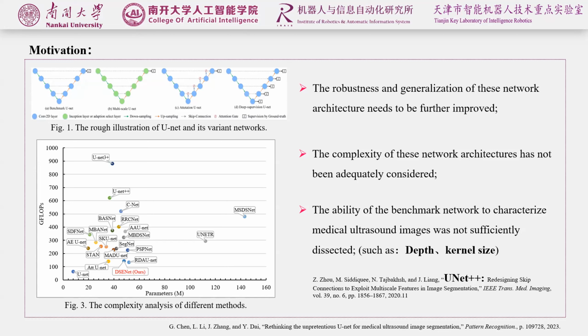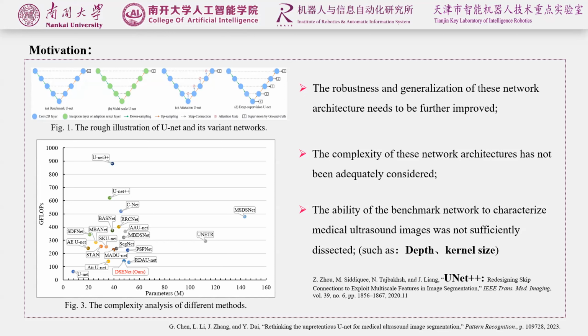Third, the ability of the benchmark network to characterize medical ultrasound imaging was not sufficiently dissected, such as depth and kernel size. Although UNet Plus asserts that we can use a shallower U-shaped network to obtain the same network performance, this conclusion has not been confirmed in medical ultrasound imaging segmentation tasks.